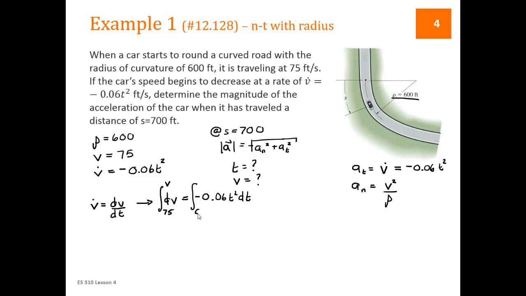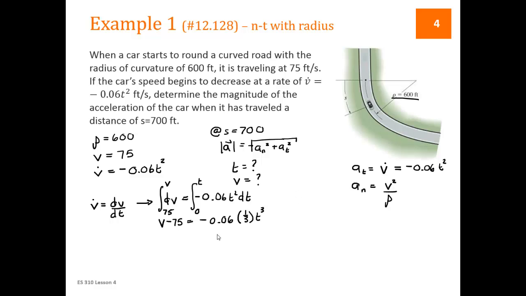The time started at 0 and is going to end up at some t, which we're trying to find. If we do this integral, we get v minus 75 is equal to negative 0.06 times 1/3 t cubed, evaluated from 0 to t. The 0 would go away, so it's just t. So we have that equation.